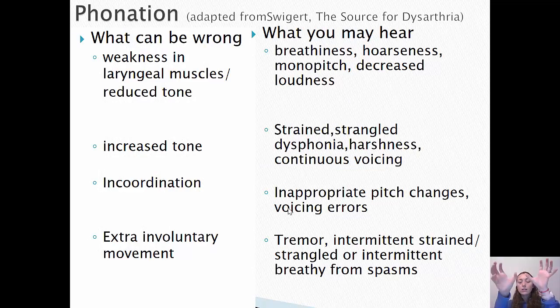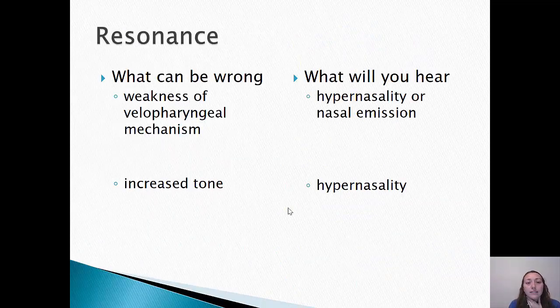Same thing with phonation. Again, looking at these columns, what you may hear is breathiness. Well, that could be related to reduced laryngeal tone or vocal fold paralysis. If there's strain or harsh vocal quality, that might be excessive hyperadduction or increased tone at the level of the glottis. So I just took what you might hear perceptually and what may be wrong, possibly. Same thing with resonance.